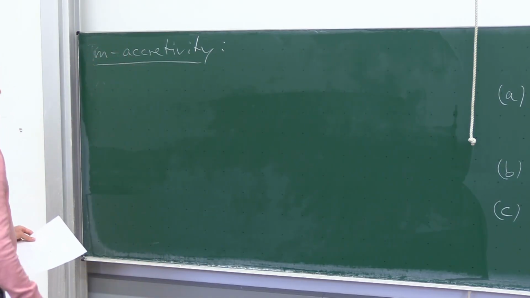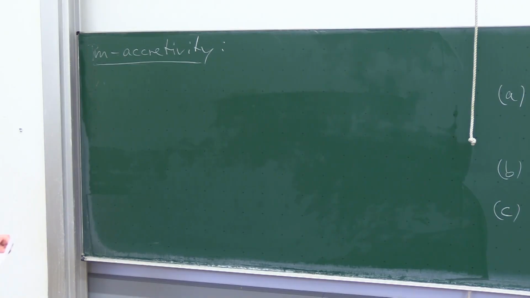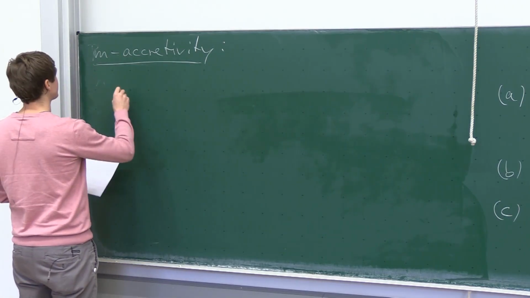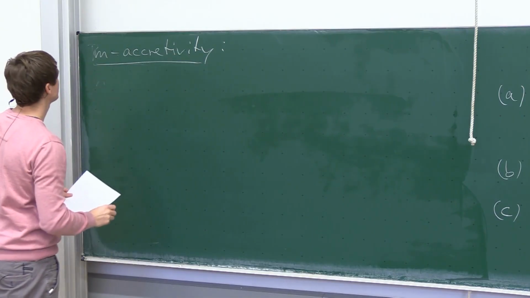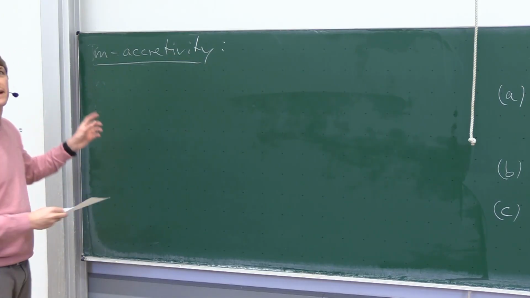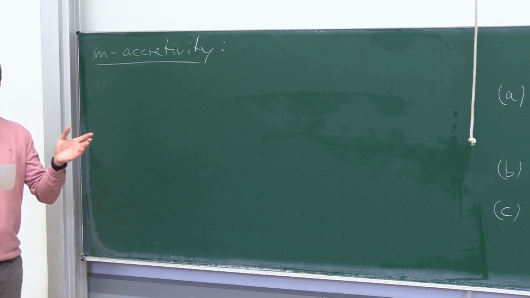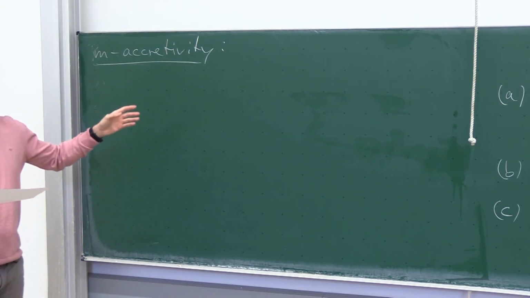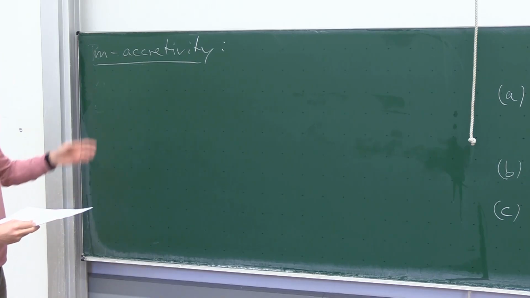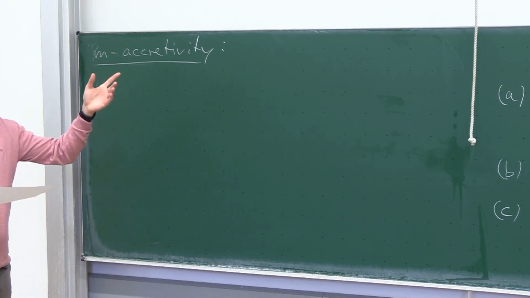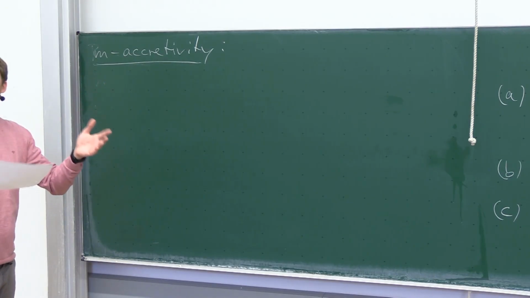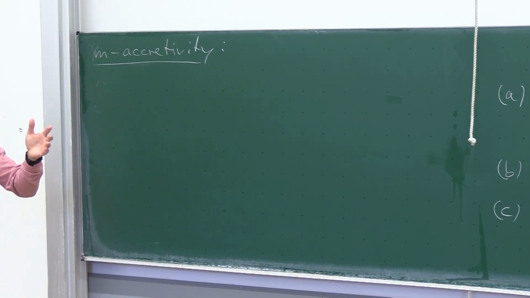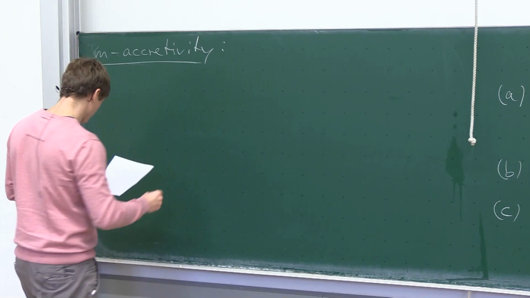By the first lemma which I wrote on the blackboard today, the exercise that you have is that M accretivity can be equivalently formulated by a condition on the real part of the inner product of LU with U, or L epsilon of U with U. And L epsilon is a bounded operator, as we just saw, so we only need to verify this condition, and the range condition, which was also stated in this lemma, is not needed, as I wrote it below.